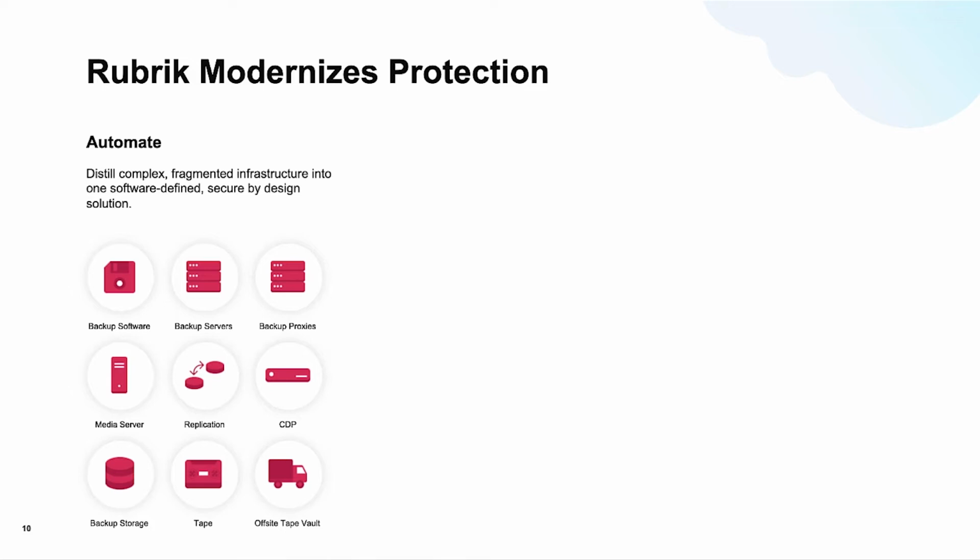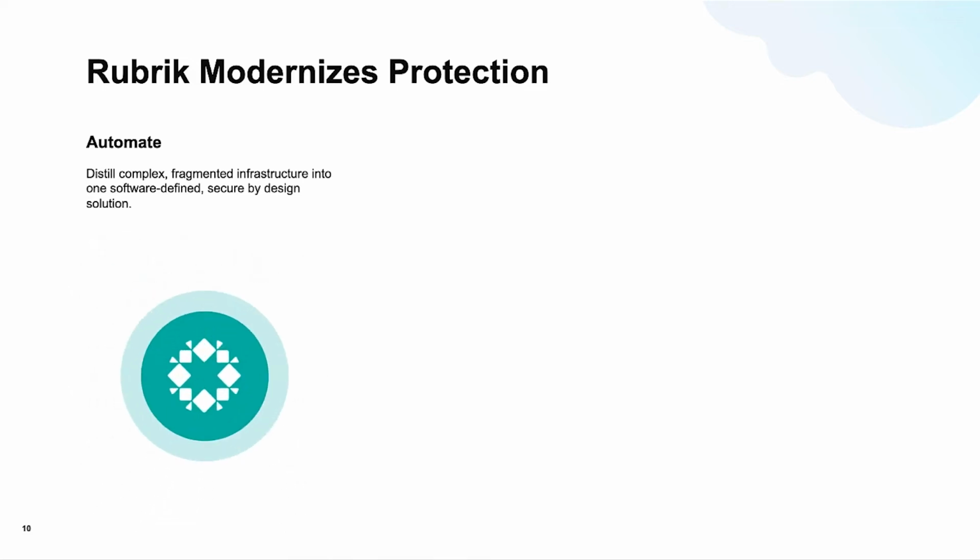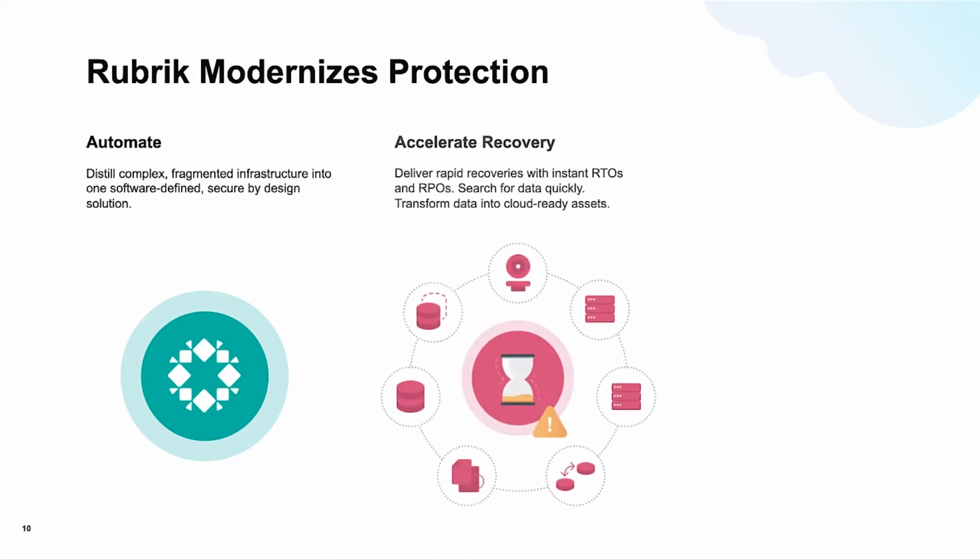We have decades of old code that's deployed in a very complex architecture consisting of a number of different hardware and software components, and it really requires a lot of personnel time and resources to keep this stuff up and running. Now, Rubrik modernizes this architecture by collapsing things like media servers and storage, proxies and servers, and all of this stuff into a single software fabric that scales out indefinitely to provide data protection, both on premises as well as up in the cloud.